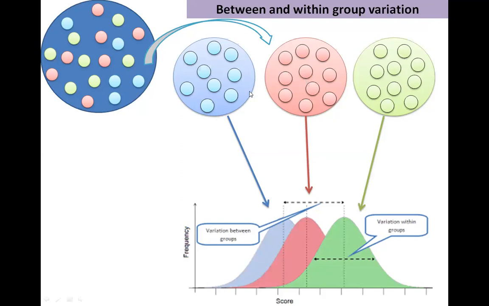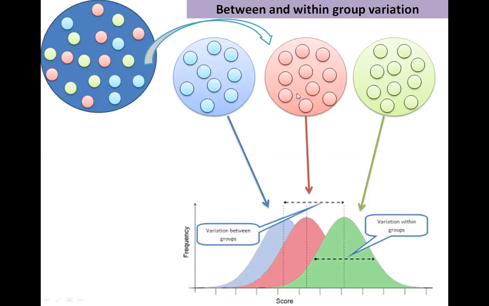This is one sample, this is another sample, and this is another sample, represented by three different colors. The original population has its own mean. For example, the mean milk yield of the whole herd may be 10 liters.